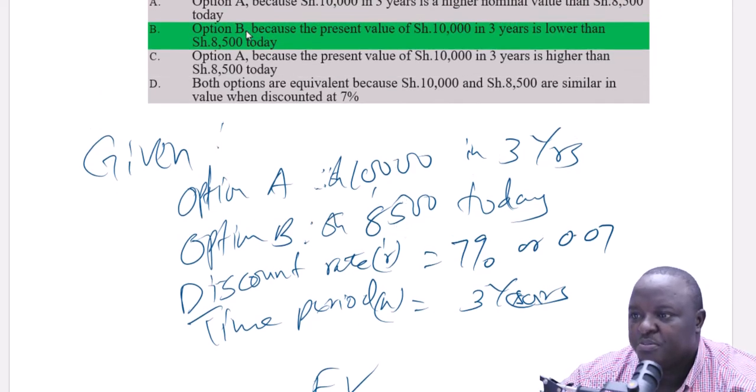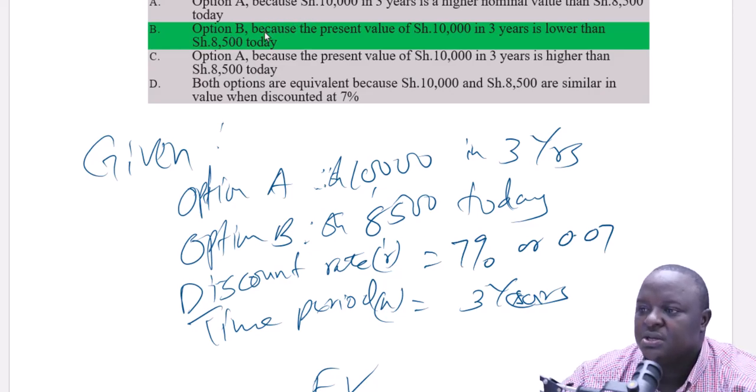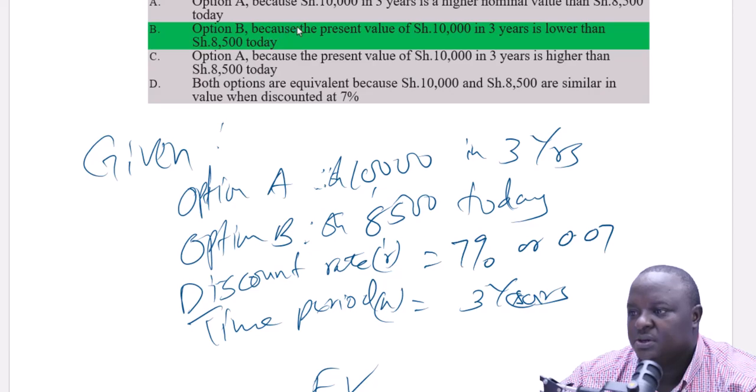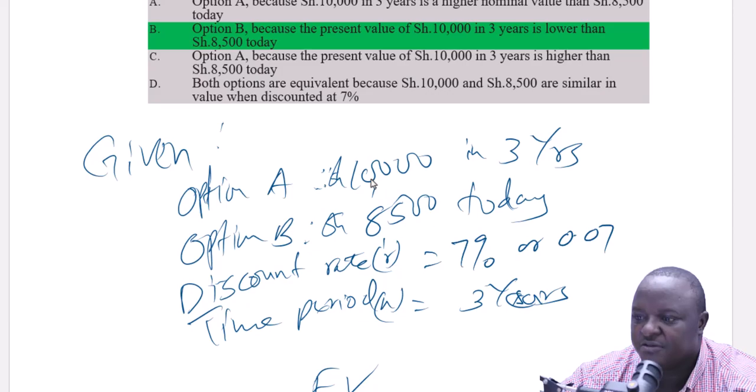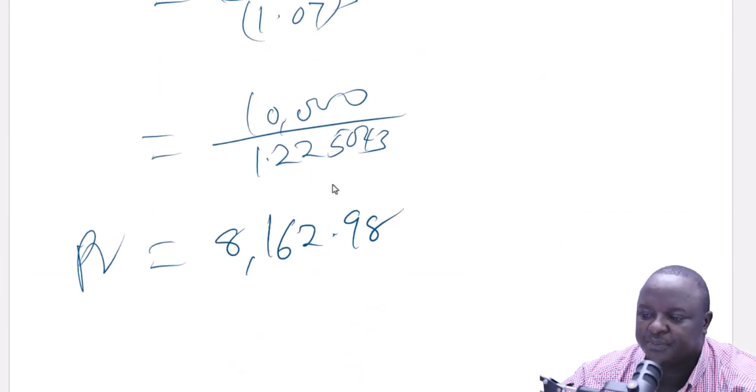So they should invest in option B because the present value of option B is higher compared to the present value of option A today.